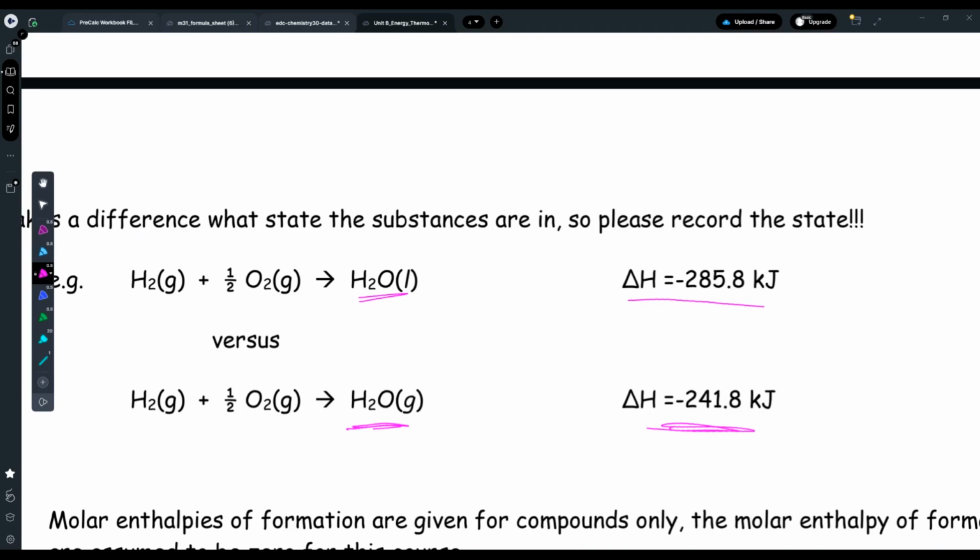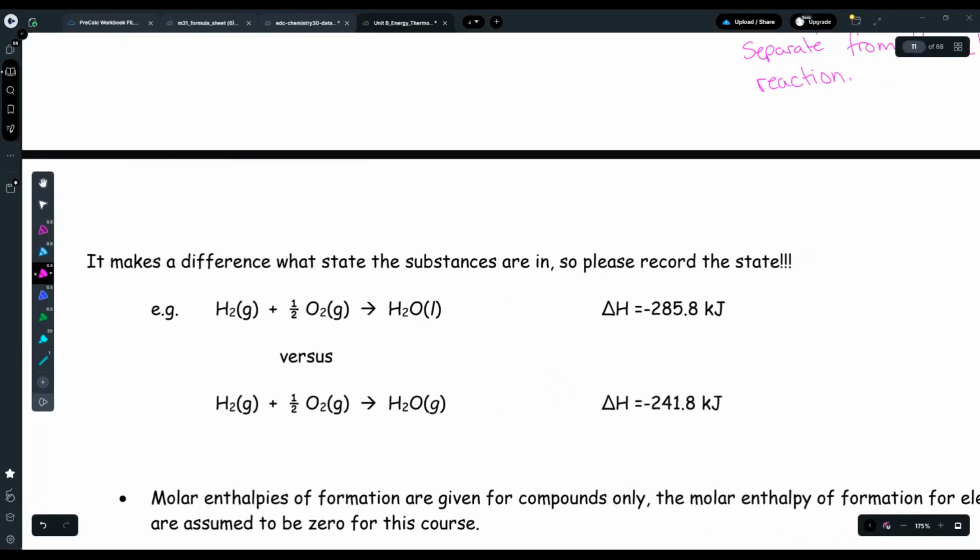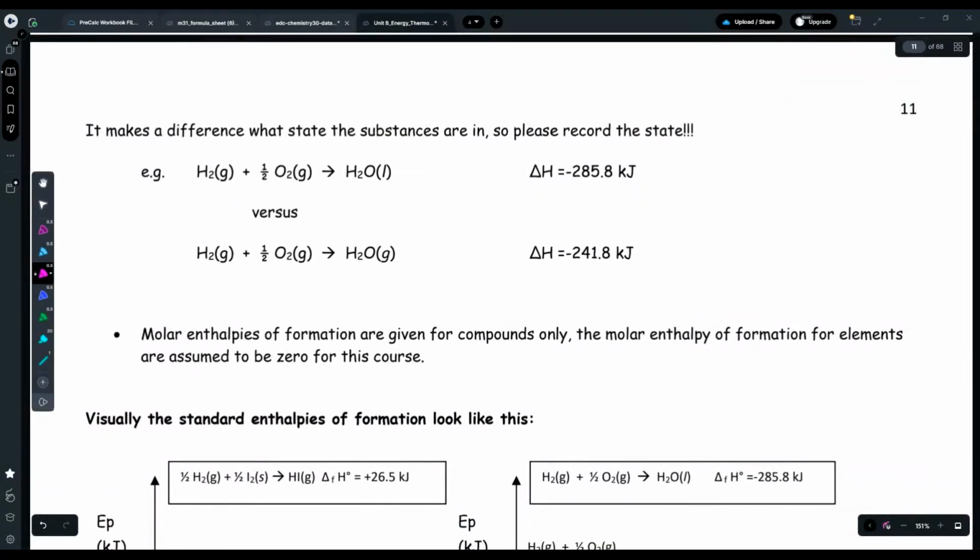Now it's negative 241.8 kilojoules. Okay, so there's a little bit less energy released when we are forming water vapor. So essentially, be very careful with states. Make sure you pay attention to them.